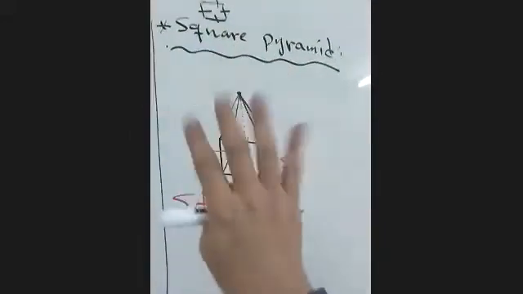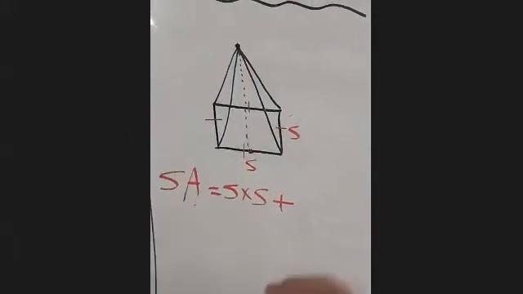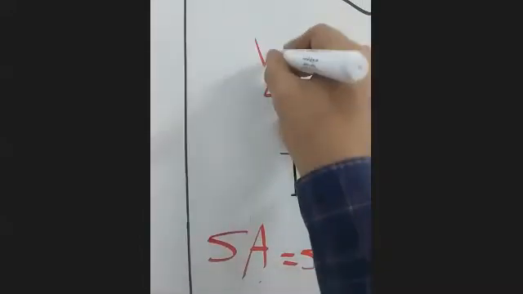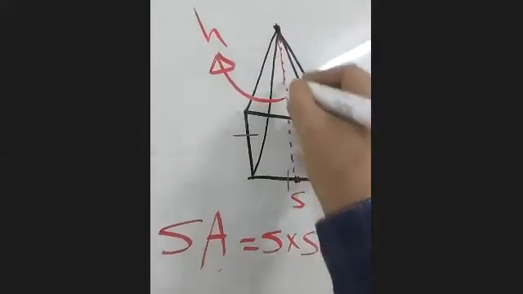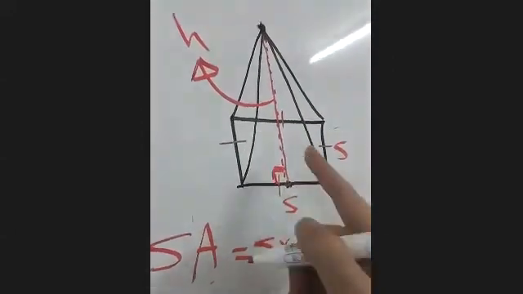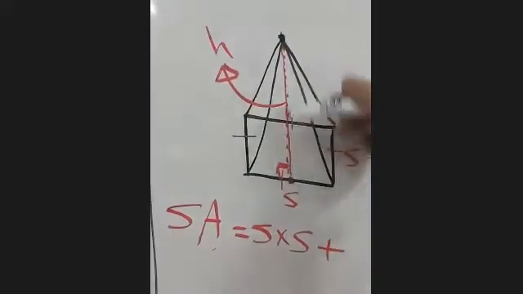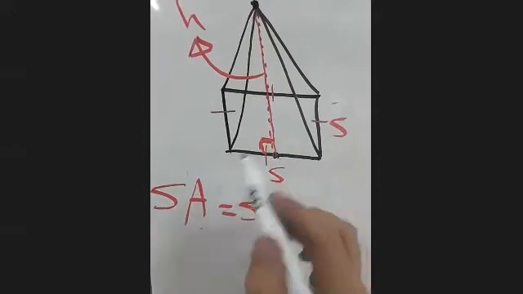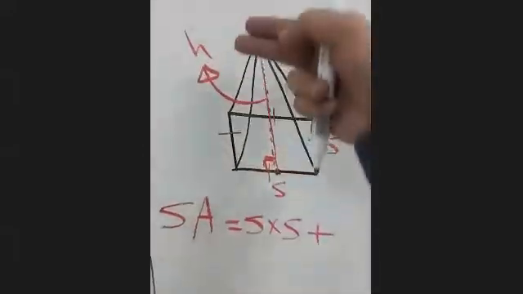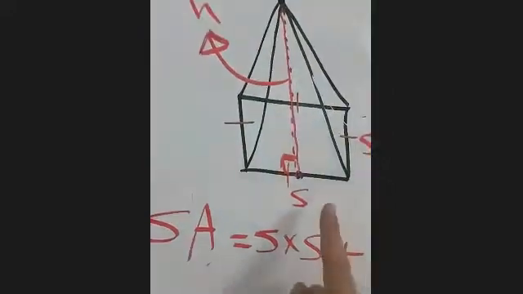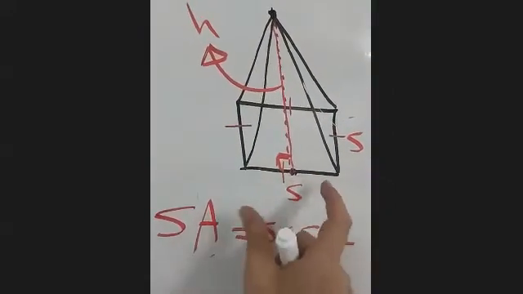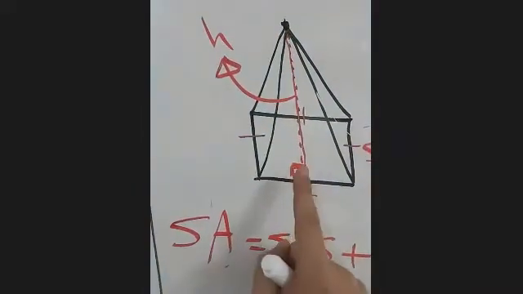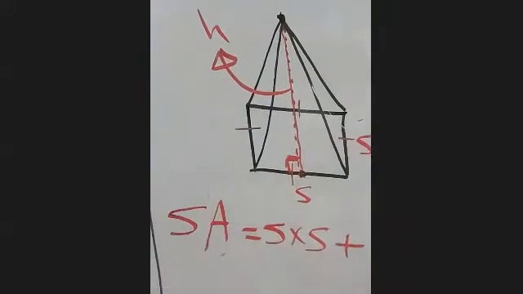Plus, now how many triangles do we have around? We have 4 triangles. All of these triangles have a height. Now, how do we know the height? We know the height by finding this right angle down. So for the triangle in front, we have base S, the side length, and height H. It has a right angle with the base.